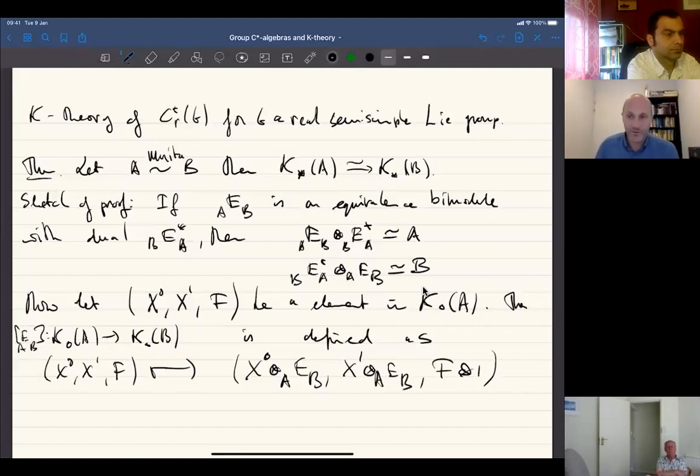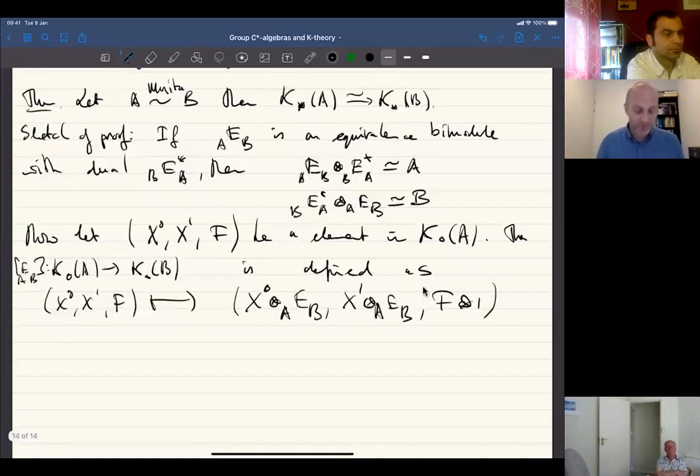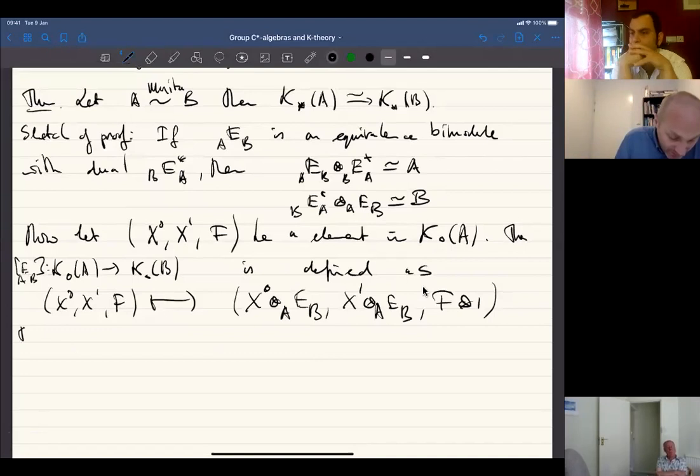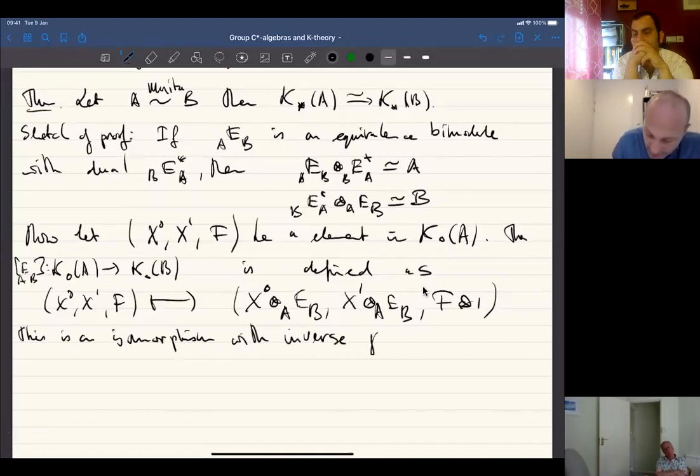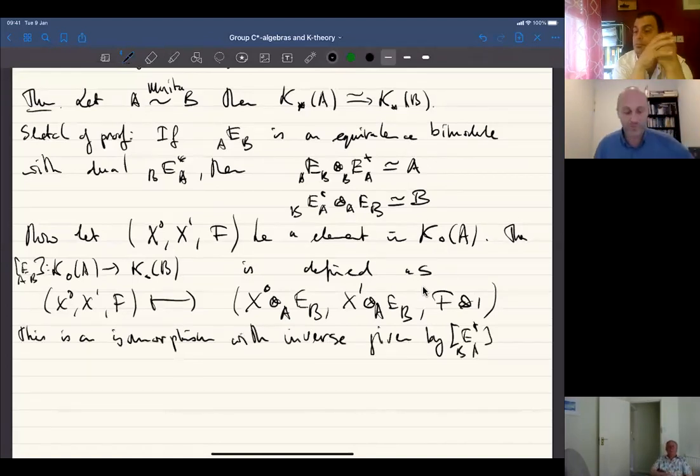Again, this looks all fairly algebraic, but of course there is analysis involved in defining all these things. And this map is an isomorphism with inverse given by the map defined in the same way, but using this dual module.